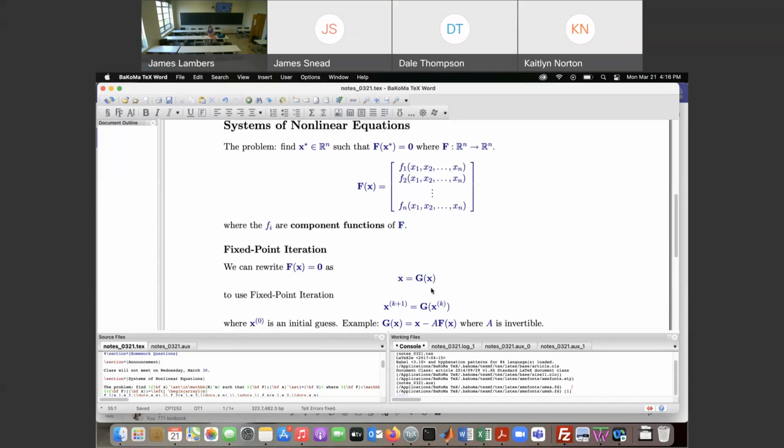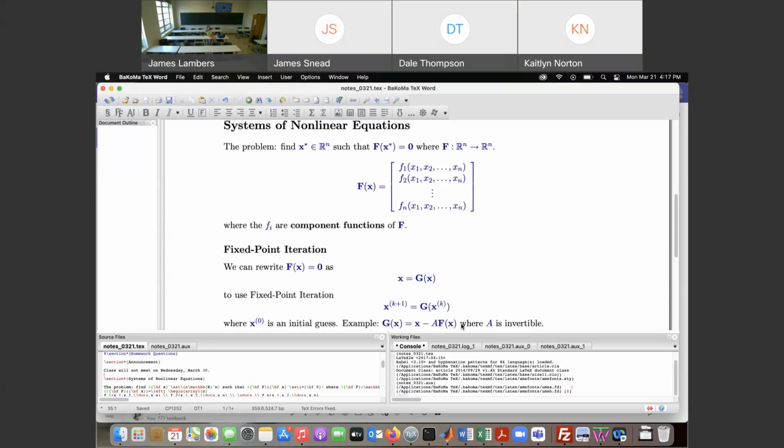And since we have substantial theory on convergence in the single variable case, we certainly need to generalize that to the multivariable case. So one example of how you can rewrite f of x equals 0 as x equals g of x is kind of like what we had in the single variable case: g of x equals x minus something times f.